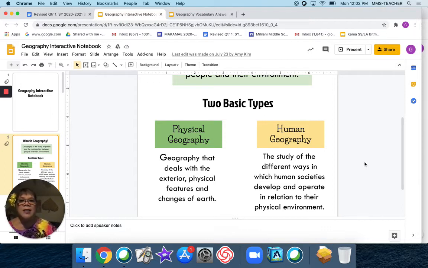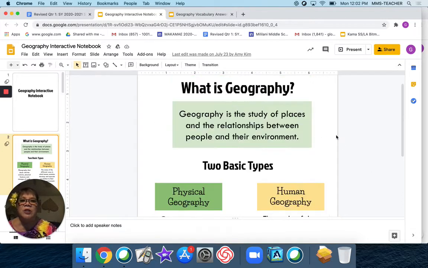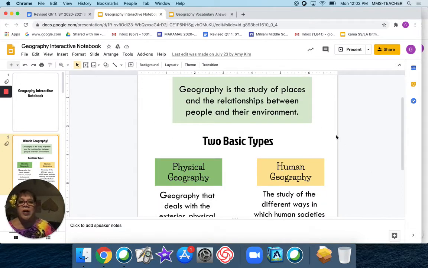You can look at that, or you can pause on this video to copy down the notes. Where are you copying down the notes? You are copying it in your Social Studies composition book on the page that says, what is geography? So you'll copy that definition under the flap and the two basic types of geography, physical and human, copy down their definitions under the flaps.